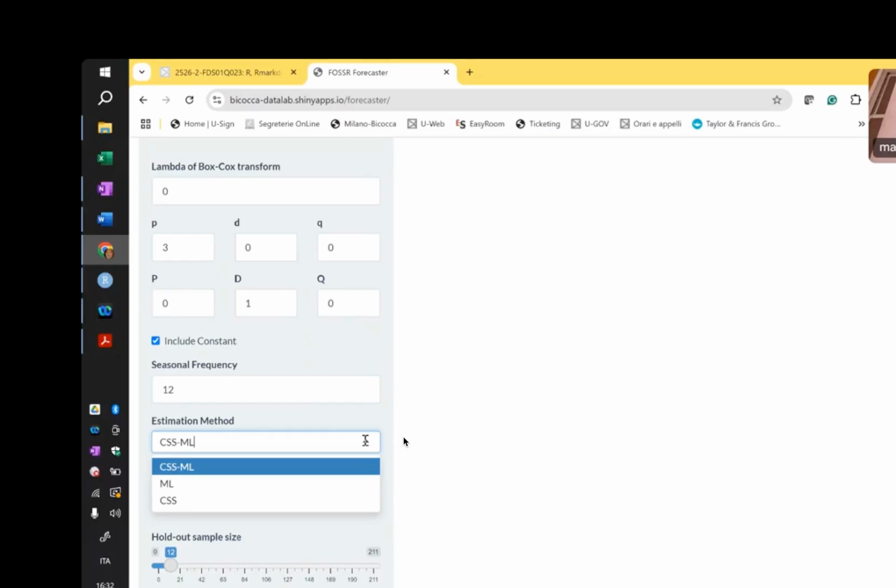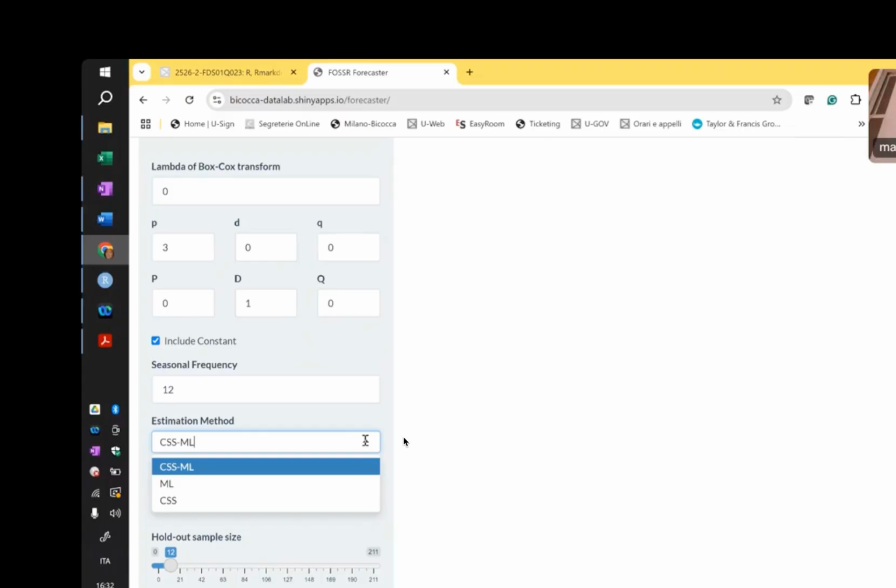methods. But anyway, from a computational point of view, which is what you're interested in, if you have to do that on real time series, CSS is much, much simpler and quicker to estimate, to run on a computer, okay? So if you have many time series or a very long time series, just pick CSS, okay? Maximum likelihood, especially for long models, if you have large models, becomes very heavy to estimate, okay?